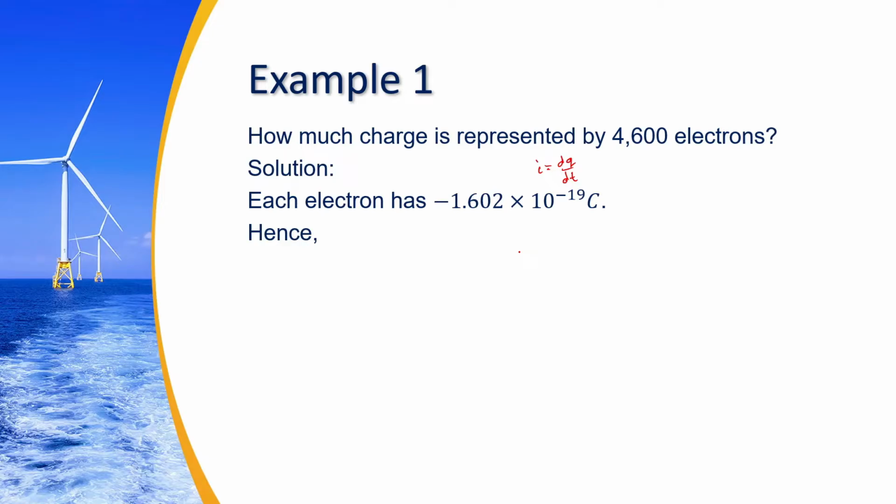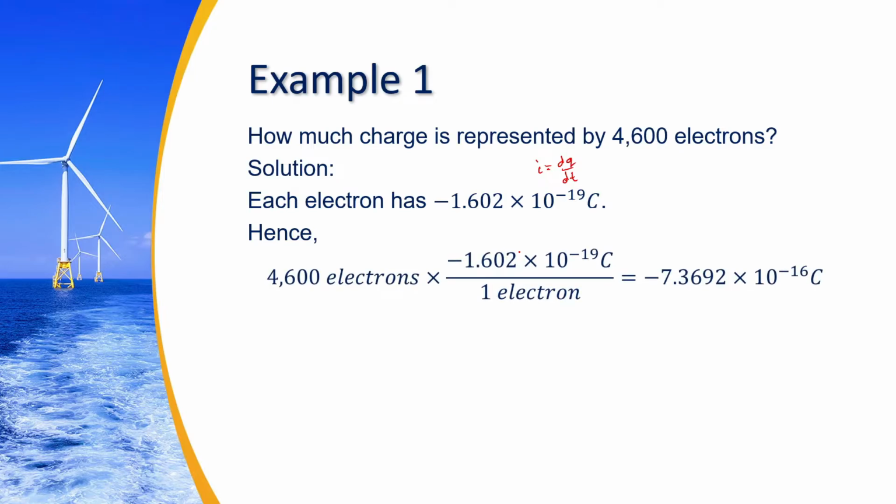Hence, masabi natin na in 4,600 electrons, kapag kinonvert natin siya into coulomb, ang isang electron ay merong negative 1.602 times 10 raised to negative 19 coulomb. Kapag minultiply natin iyan, we can cancel out the electron.